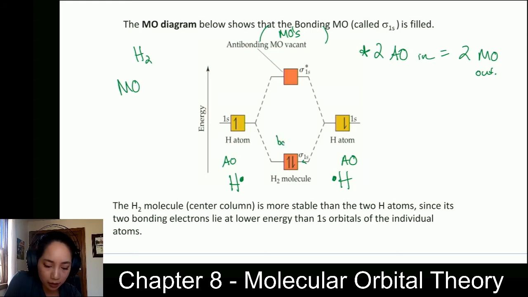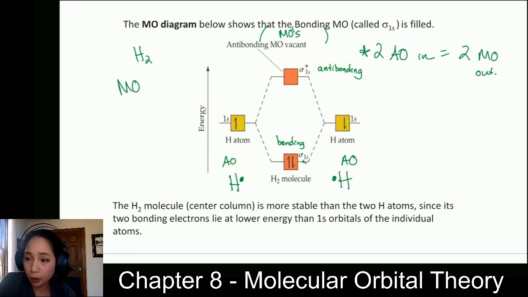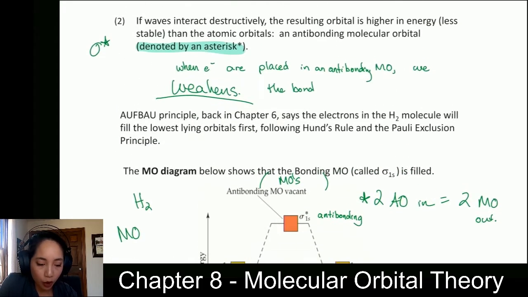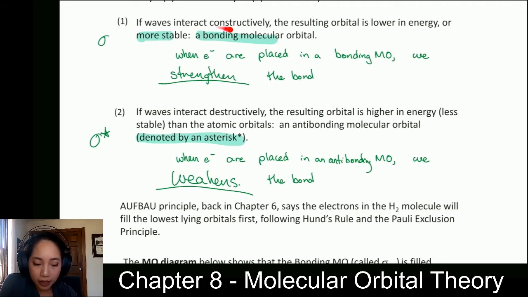This is our bonding, and then up here is our antibonding. We have to make two molecular orbitals because we put in two atomic orbitals. If we follow our rules, waves that interact constructively result in orbitals that are lower in energy. So these are our bonding orbitals.